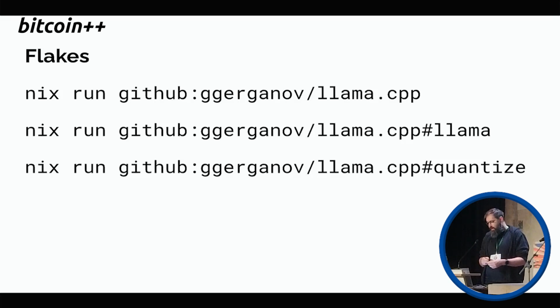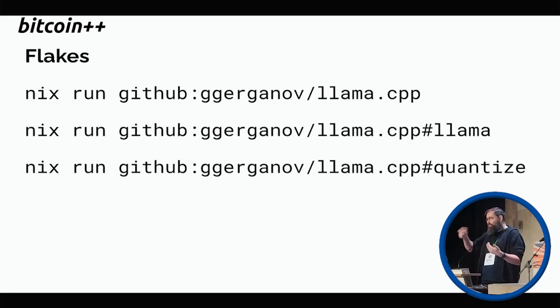In this particular example, you can run nix run github:ggerganov/llama.cpp, and it's basically doing the same thing as checking out the ggerganov llama.cpp tree locally and running nix run in the git checkout. Of course, this works only if upstream added flake.nix and flake.lock files into their Git repository.